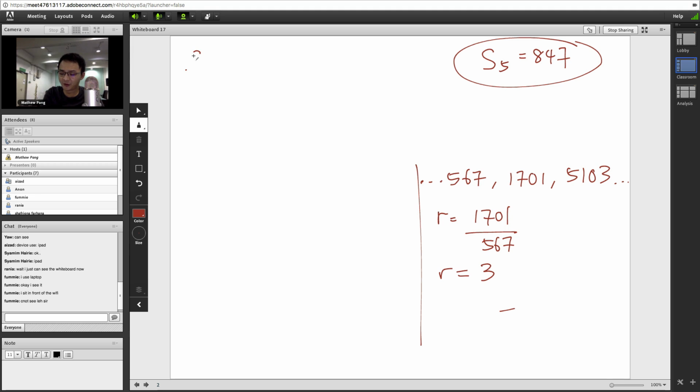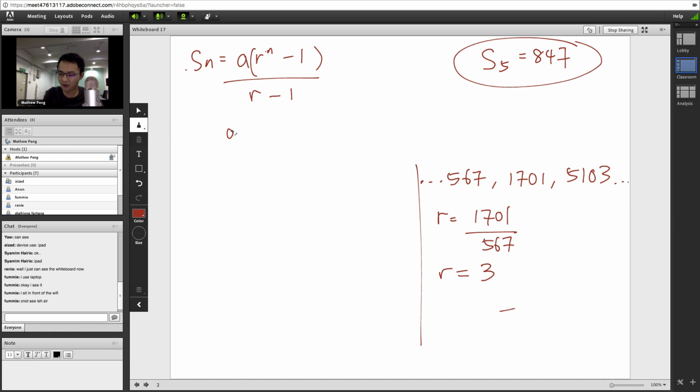For the n term in our geometric progression, it will be ar to the power of n minus 1. No, that one should be the Tn term. Sum of n terms will be a times r to the power of n minus 1 over r minus 1.